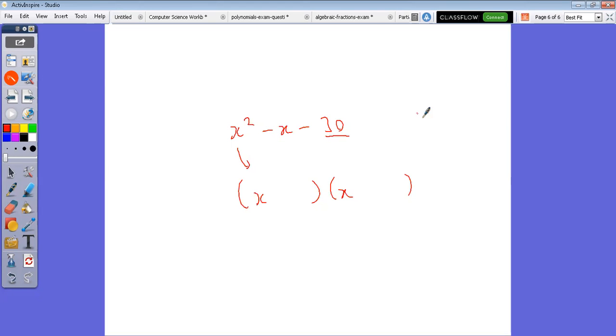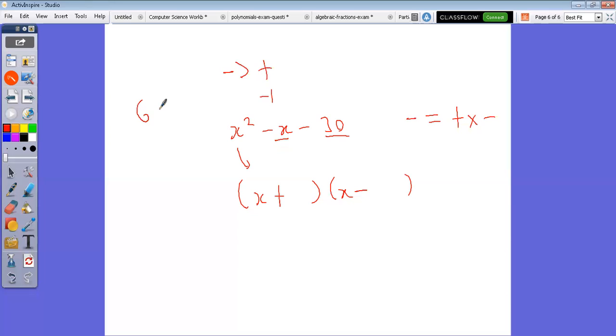It's a negative number. A negative number is only a positive times a negative. So one of them is a positive and the other one is a negative. But this time, it's a negative middle term. So when we are adding the factors, it means the negative number is greater than the positive number. But they have a difference of minus 1, so a difference of 1 again.